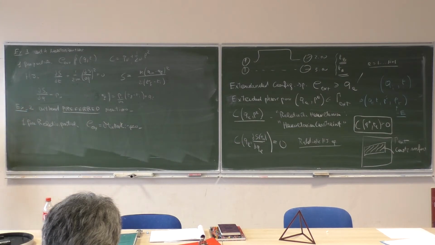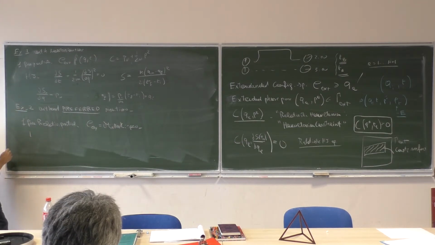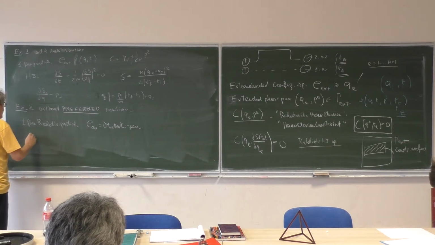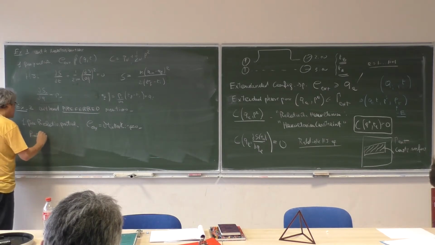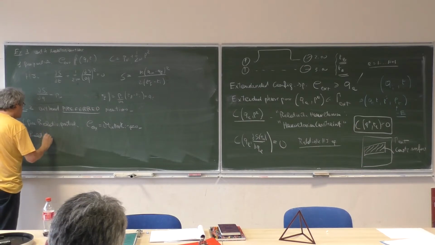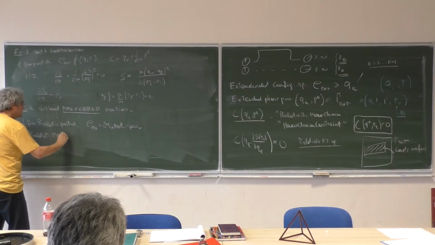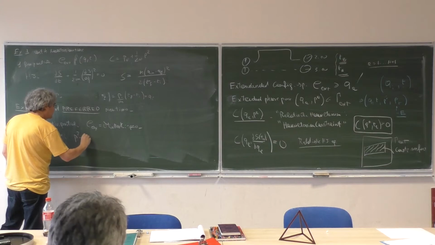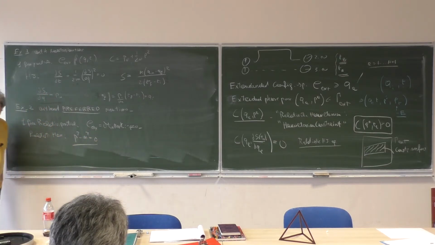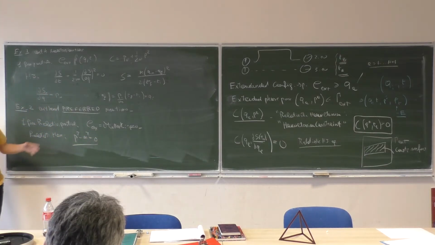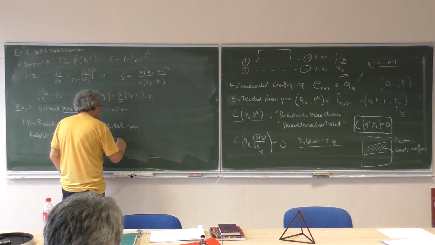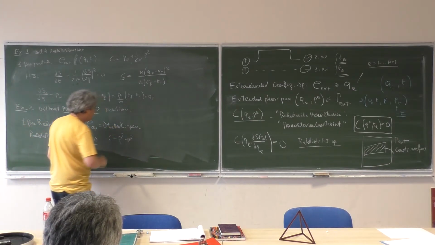Okay? And the relativistic Hamiltonian, or the constraint relativistic Hamiltonian, is simply p square minus m square equals 0. Okay? Or if you want, C is p square minus m square.